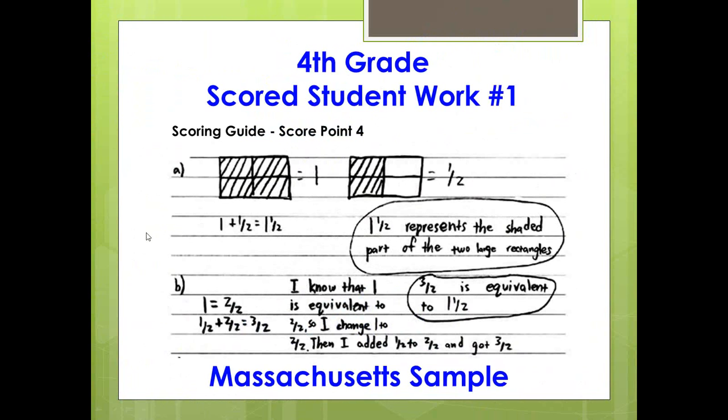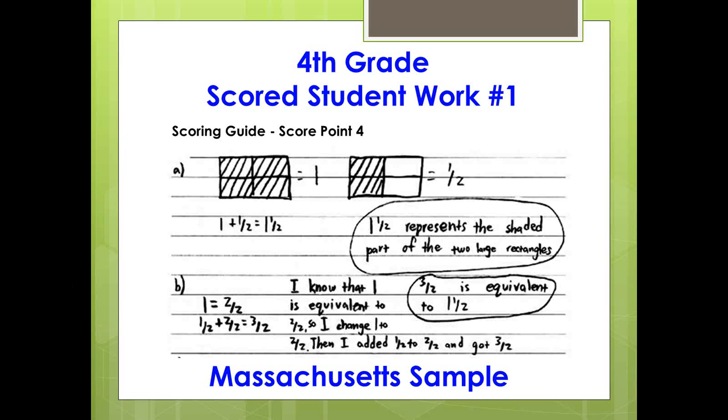The student came up with 1 because the key told us that all 4 blocks were equal to 1. Then 2 on the other rectangle was shaded, so they came up with 1/2. So 1 1/2 represents the shaded part of the 2 large rectangles.